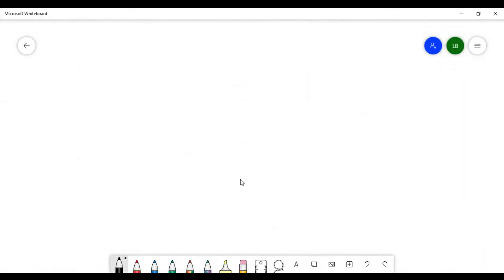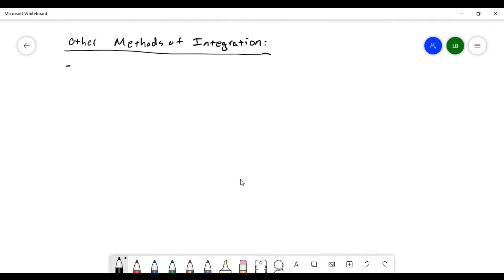Okay. So there are a couple of other methods of integration. One of those we actually talked about not too long ago. That was partial fractions.